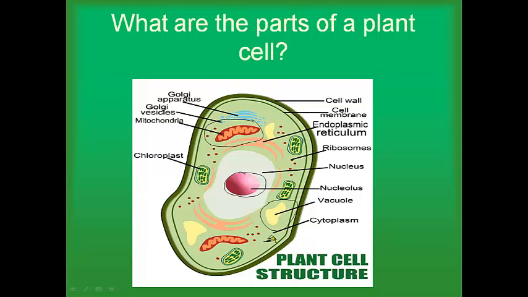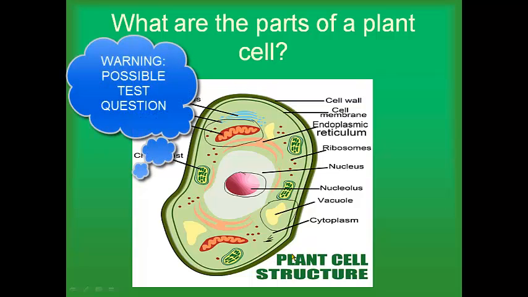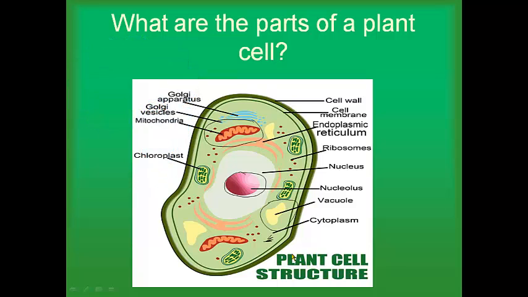Now, most of the parts of plant and animal cells are the same. For instance, the nucleus, the mitochondria, the cytoplasm, those are all the same. However, there are three parts of a plant cell that an animal cell does not have. This is super important because Cambridge, I can almost guarantee you, will ask you a question on their Cambridge 8th grade test that has something to do with how plant and animal cells are different.